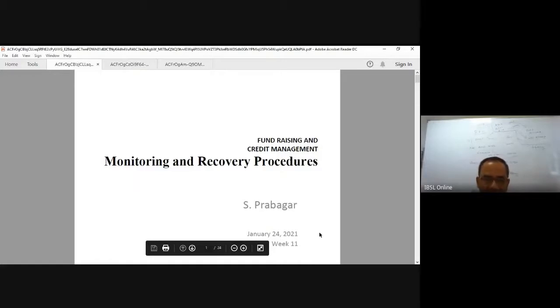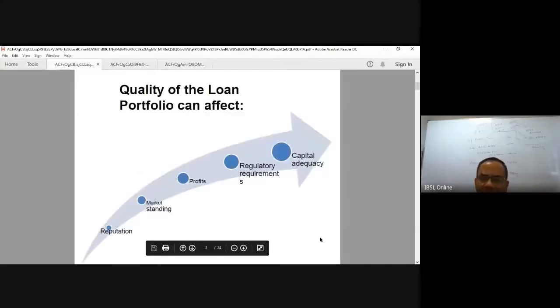Let's now look at monitoring and recovery procedures. So as you know, as far as a bank or financial institution is concerned, the loan portfolio is a lifeline.